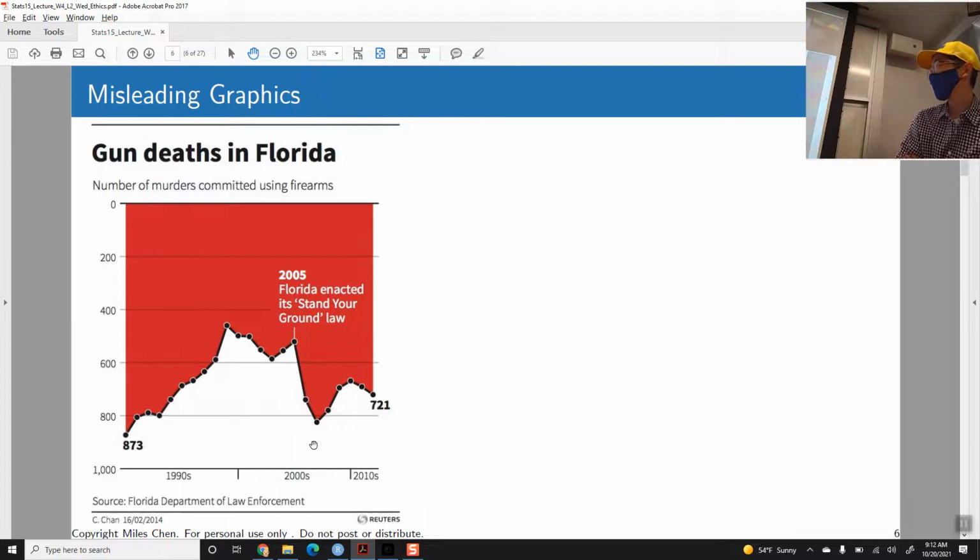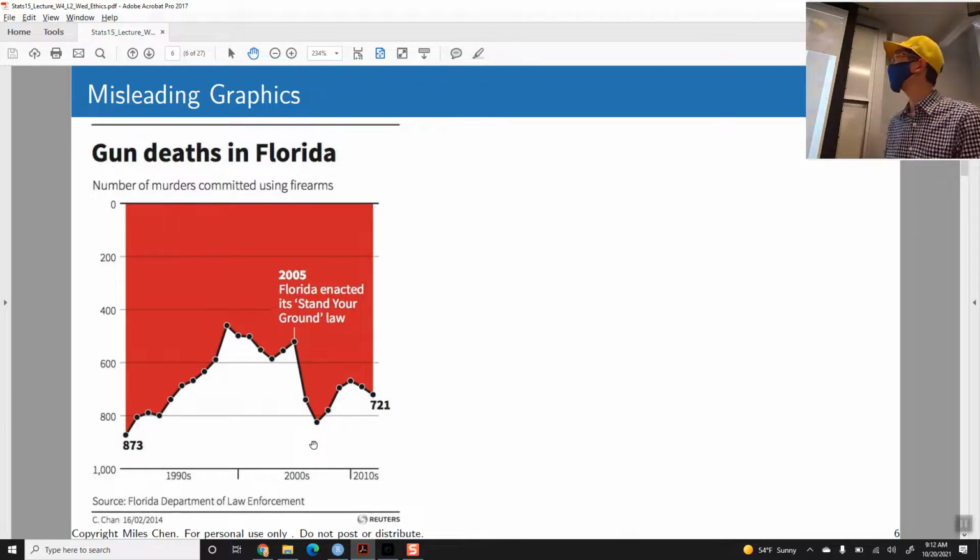This is a graphic that came out after the killing of Trayvon Martin, an unarmed black teenager in Florida, by George Zimmerman, who justified his actions using the Florida Stand Your Ground law, okay? During that news period where that story was in the news, this graphic was published.